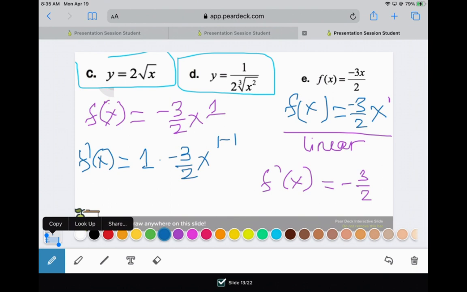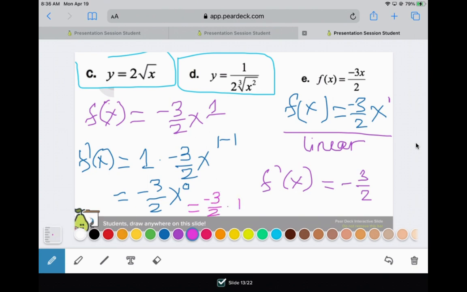If you cannot have it memorized, this is the slope, this is a linear function, I just look at the coefficient. Then you can do this method. 1 times negative 3/2 will give you negative 3/2, right? 1 minus 1 becomes 0. The power is 0, and anything to the power of 0 is just 1. So this is the same as negative 3 over 2 times 1, which is negative 3 over 2, and that is the slope right here, okay?